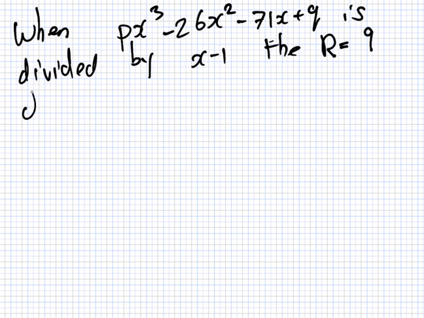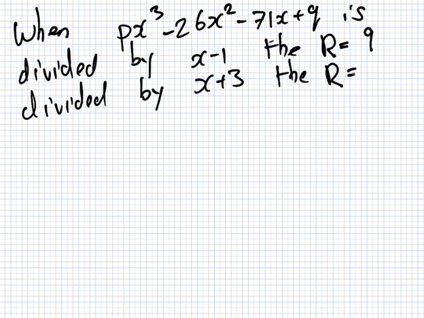And when it is divided by x plus 3, the remainder is minus 363. Okay, well it's just like the last one.